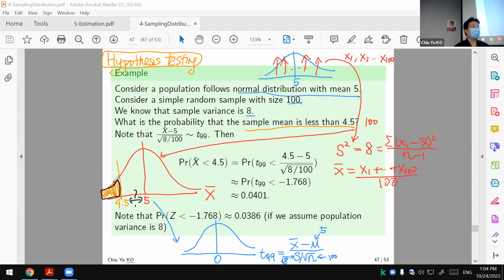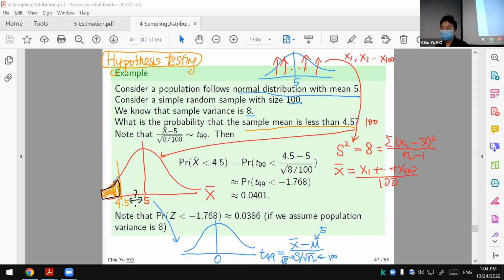If this is so small, then you think something unlikely happened, and that means your original assumption, your original hypothesis, is wrong. That will be covered next month.